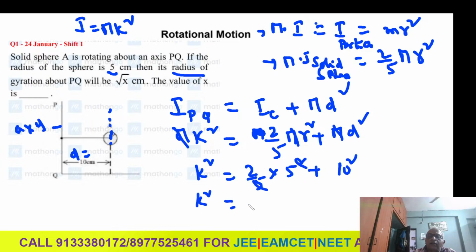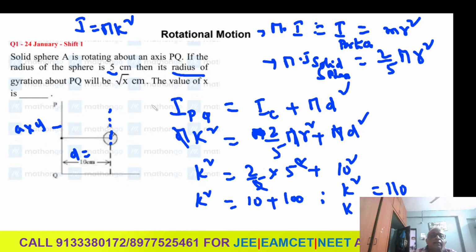So K square is 10 plus 100, which is 110. K is root 110.